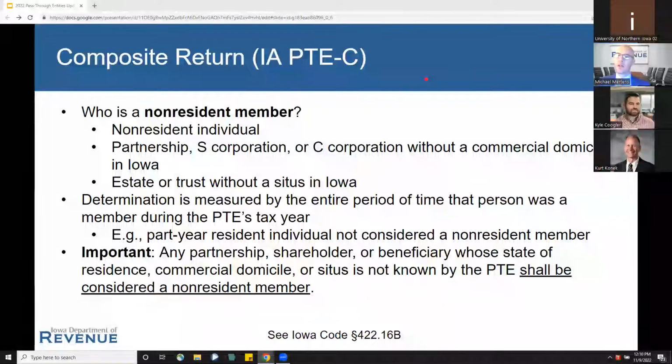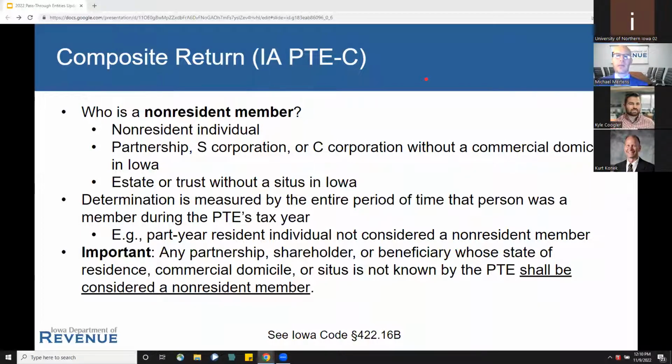Under Iowa law, commercial domicile is defined as the principal place from which the trade or business of the taxpayer is directed or managed. And the determination of where a trust or estate has situs is actually a multi-factor test.